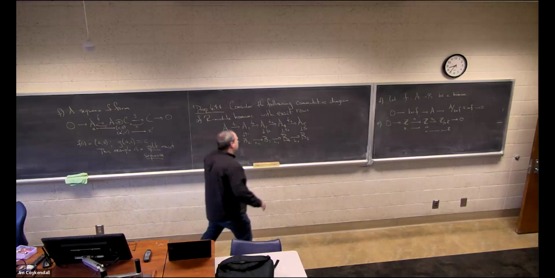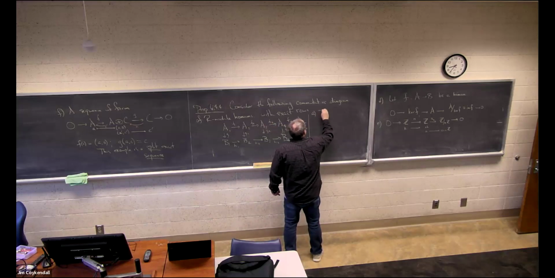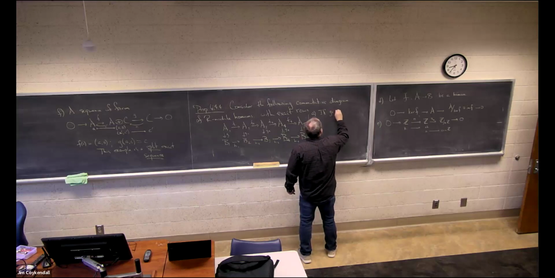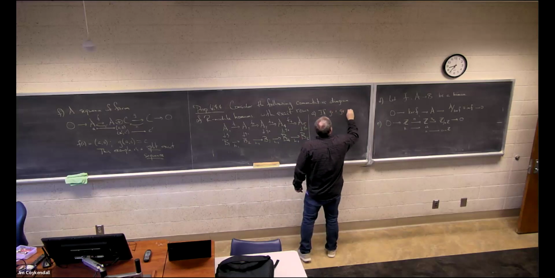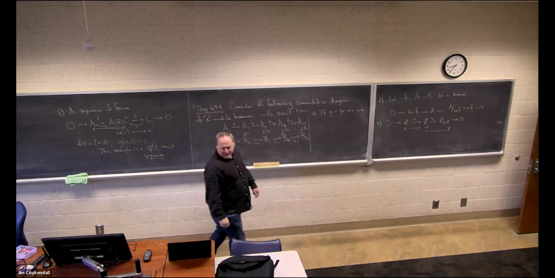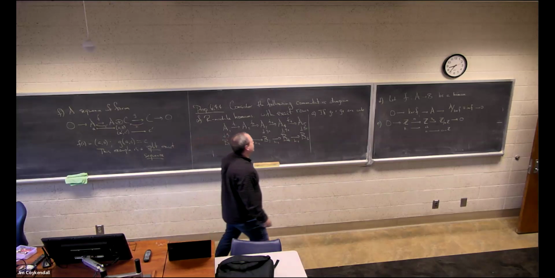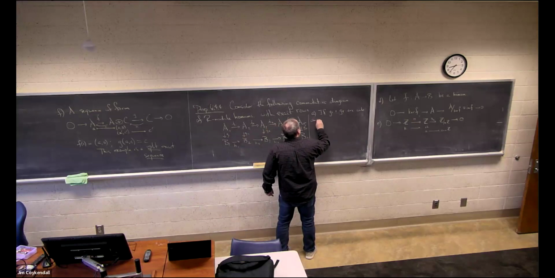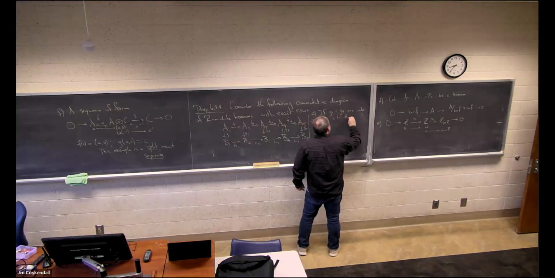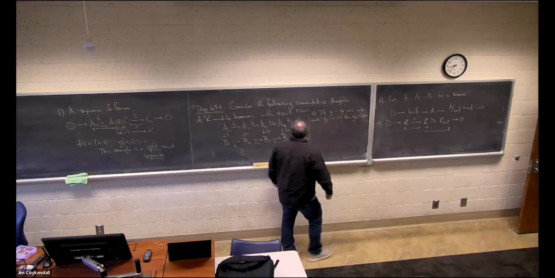So if G2 and G4 are onto and G5 is 1 to 1, then G3 is onto.